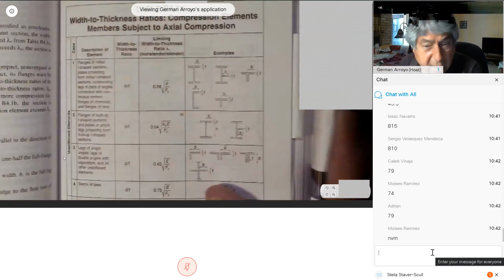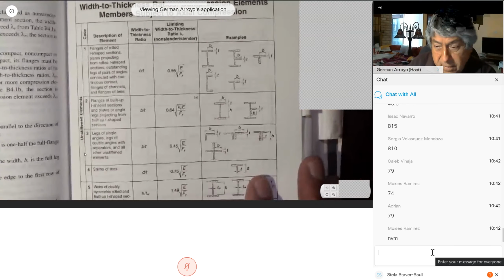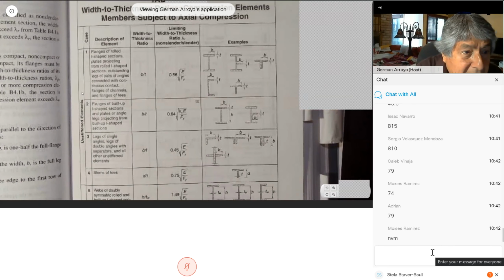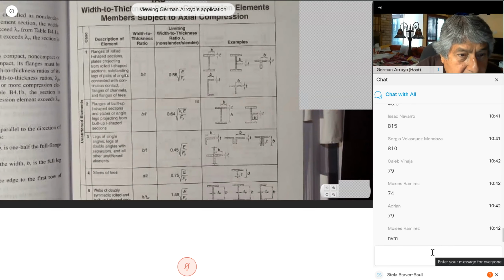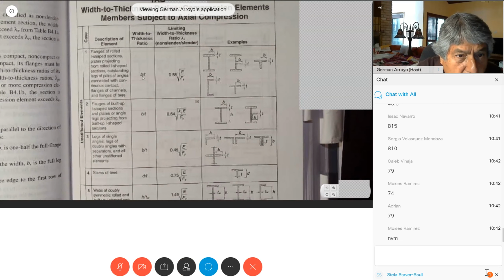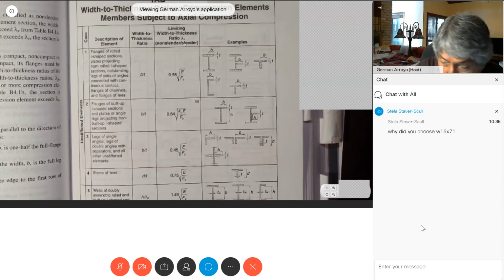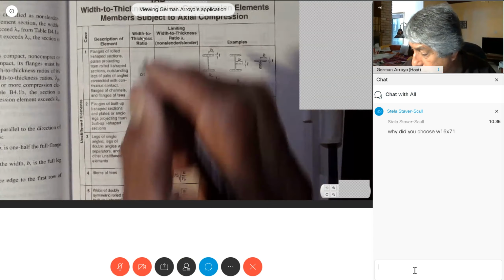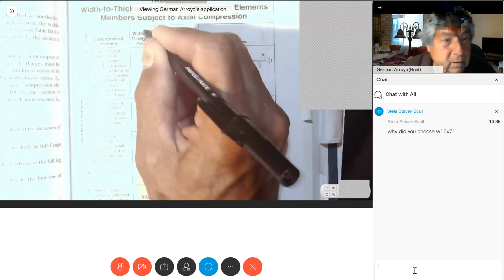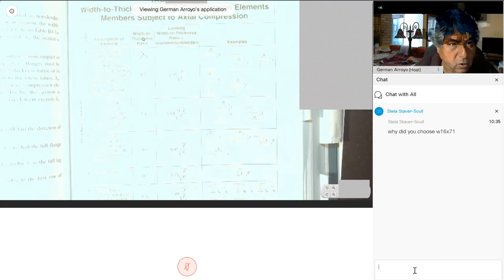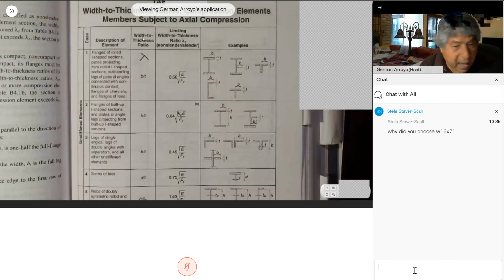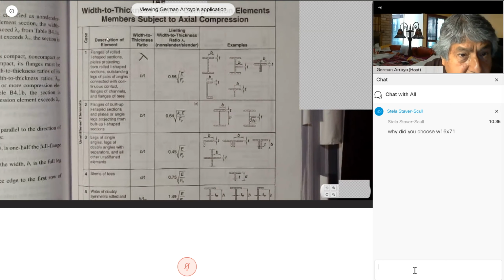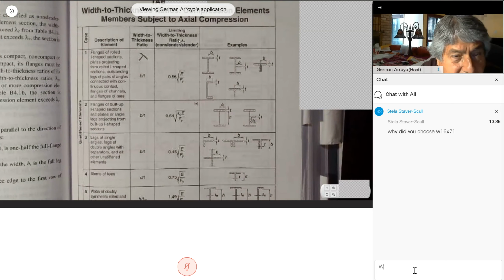And the first case is for the flanges. In here it says that for hot rolled, b over t has to be smaller. This ratio in here we call lambda, and this ratio in here you can read as lambda sub r.